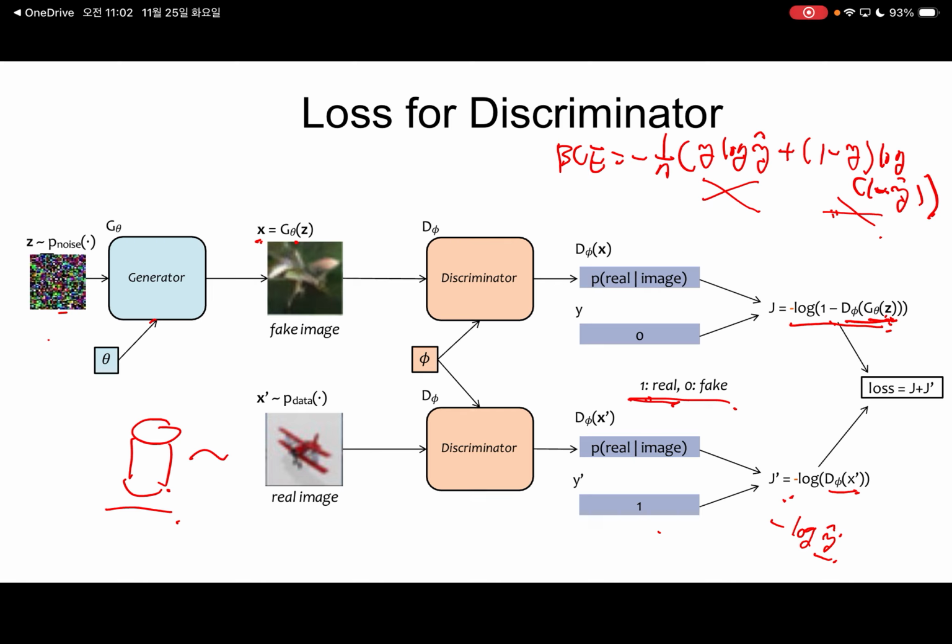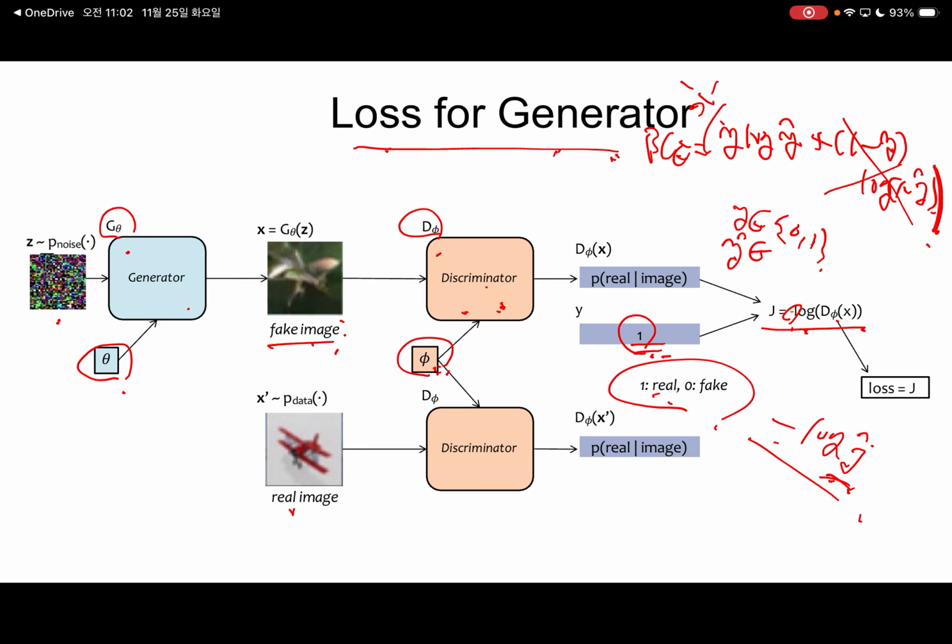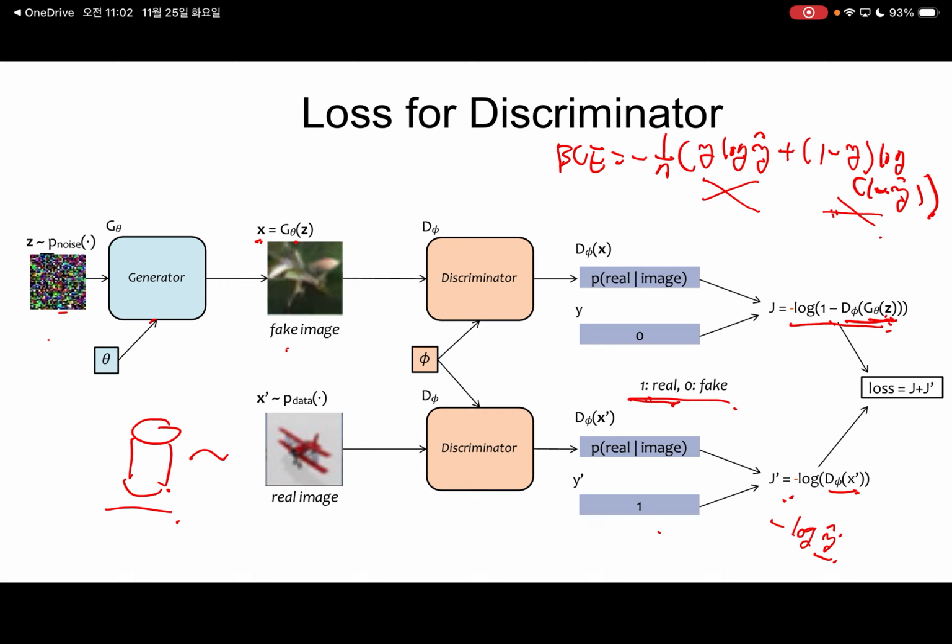Images from the generator belong to the fake image class, and images from our data set should belong to the real image class. It's a binary cross entropy. But the important thing is that when fake images pass to the discriminator, the objective function is opposite. When training the generator, we want such images to belong to the real class. But when training the discriminator, we want such fake images to belong to the zero class.